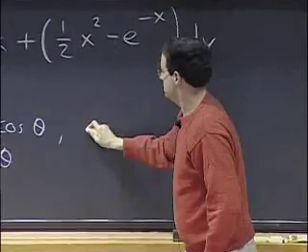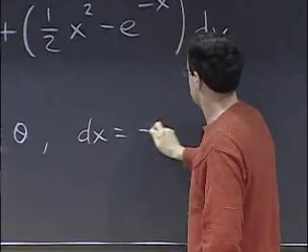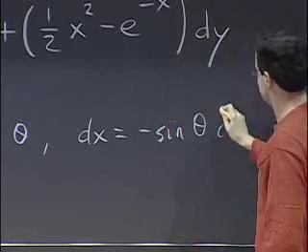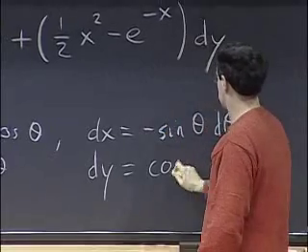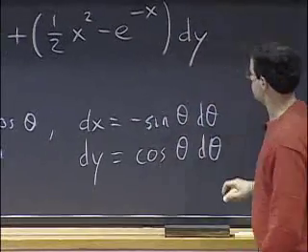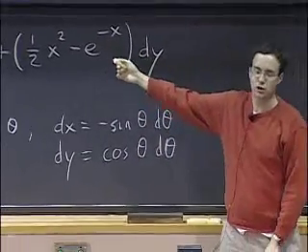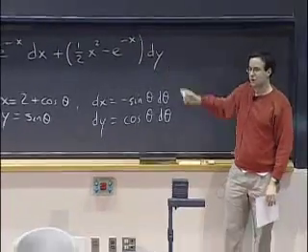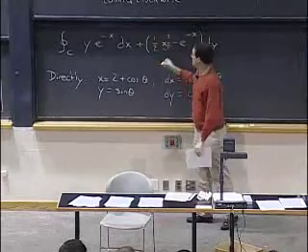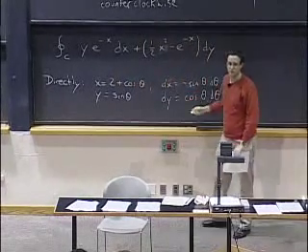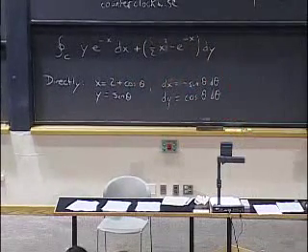And then I would set dx equals minus sine theta d theta, dy equals cos theta d theta. And I would substitute, and I would integrate from 0 to 2 pi. And I would probably run into a bit of trouble because I would have these e to the minus x, which would give me something that I really don't want to integrate.